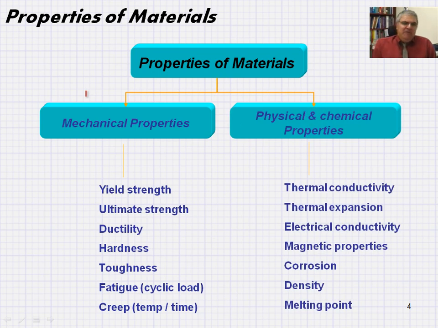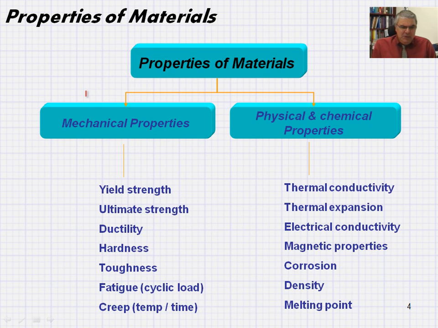As we have mentioned and discussed in previous lectures, properties of materials are classified into two major categories: mechanical properties and physical properties. Mechanical properties describe the behavior of the material under the application of loads, and physical properties give us some properties of the material that are significant to any design.